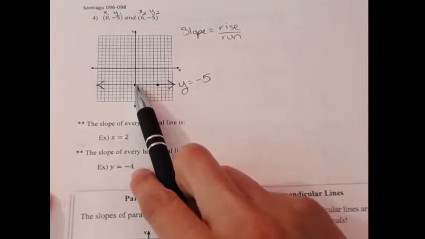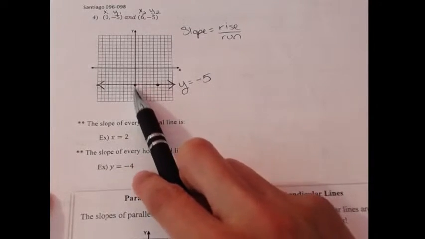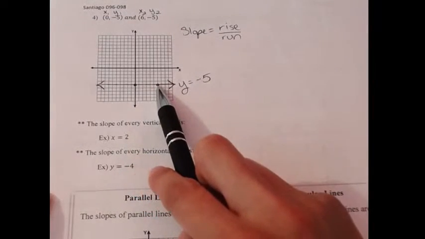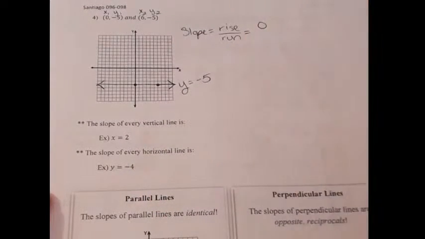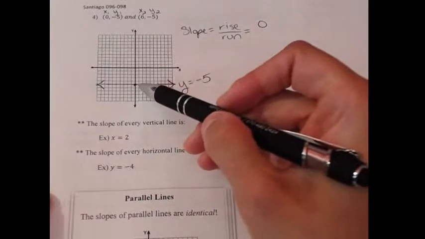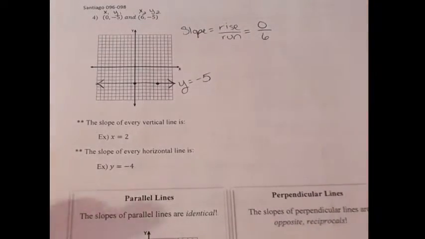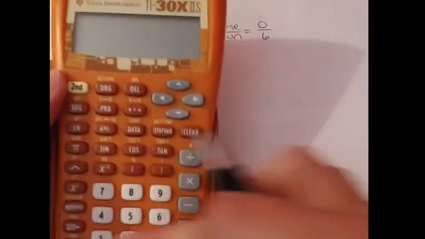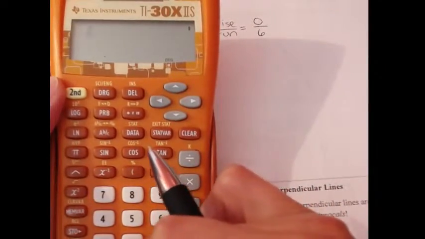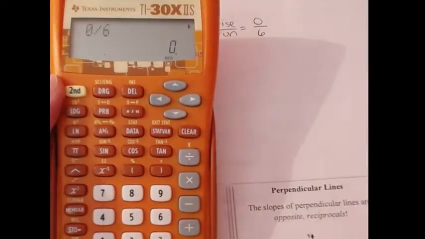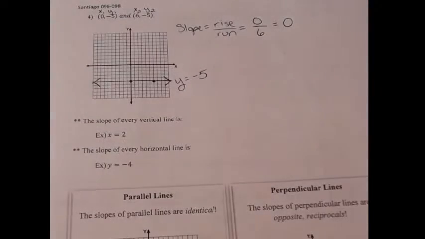Now, if we call this our first point and this our second point, well, to get from our first to our second, notice that we don't have to rise at all. We just have to run. So to get from the first to the second, we actually have 0 rise. But we have 1, 2, 3, 4, 5, 6 as our run. When you take your calculators, again, it's okay to punch it in. Punch it in, check it out. When you punch in your calculators 0 divided by 6, you get an answer of 0. So that means this time our slope is 0.